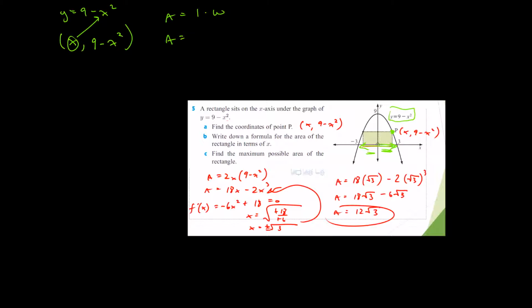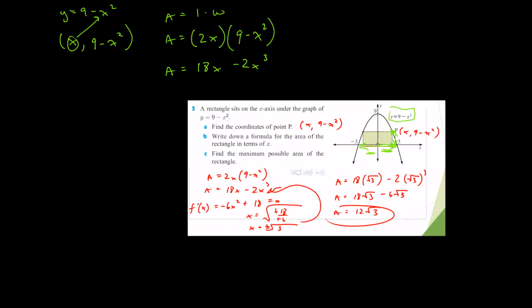For our length, let's plug in 2x. And we already said our width is going to be our y value, so that's 9 minus x squared. Now we can work this out, and we're going to get 18x minus 2x cubed.